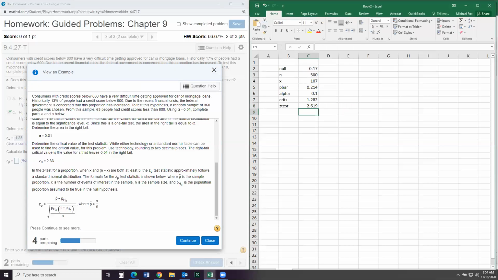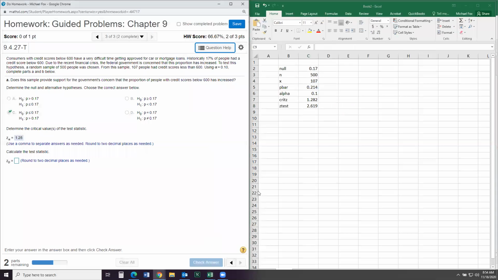There's our test statistic. 2 decimal places, so 2.62.